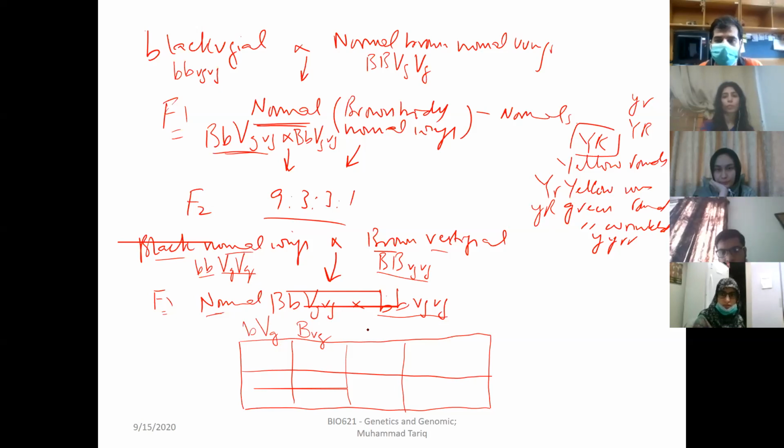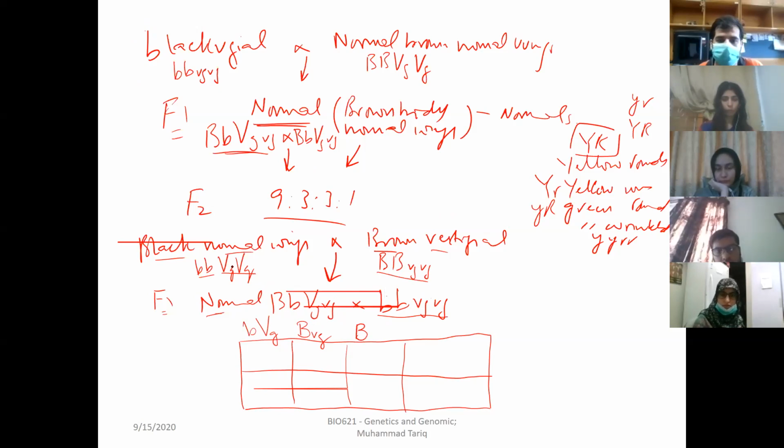So Morgan's lab was getting these non-parentals in these crosses as well, but something was wrong there. So he said, okay, I'll see what happens here. And the non-parentals, so B, what will be non-parental one?